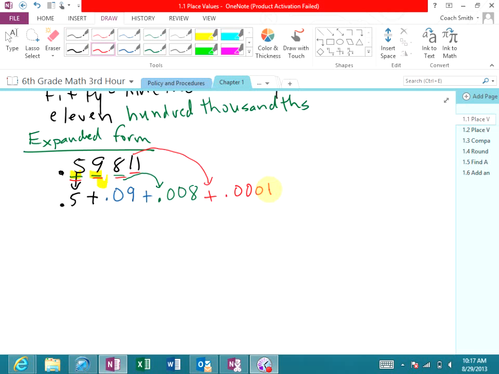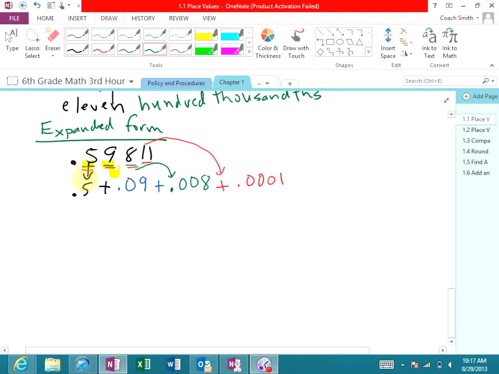Okay? Well, however many place values I have in the number, I've got to have that many in our other number. Now, the last one, we got how many place values? How many place values are before the last one? 4 of them. So we go 1, 2, 3, 4, and then 5.